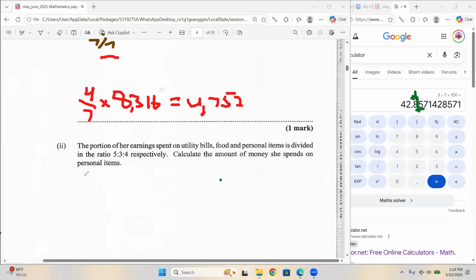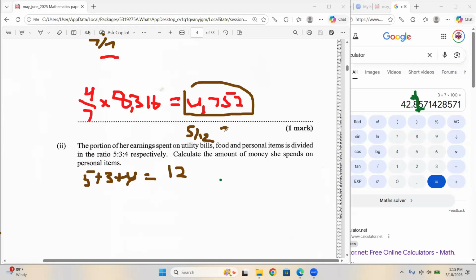So using the ratio here, we add the numbers in the ratio. That's to figure out the denominator that we're working with, or the total parts. 3 and 5 is 8, 8 and 4 is 12. So out of 12, utilities came up to 5/12 of this amount of money here.